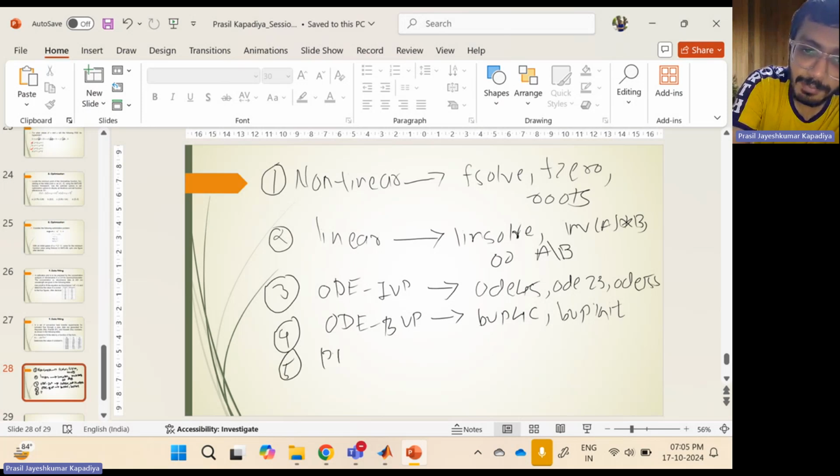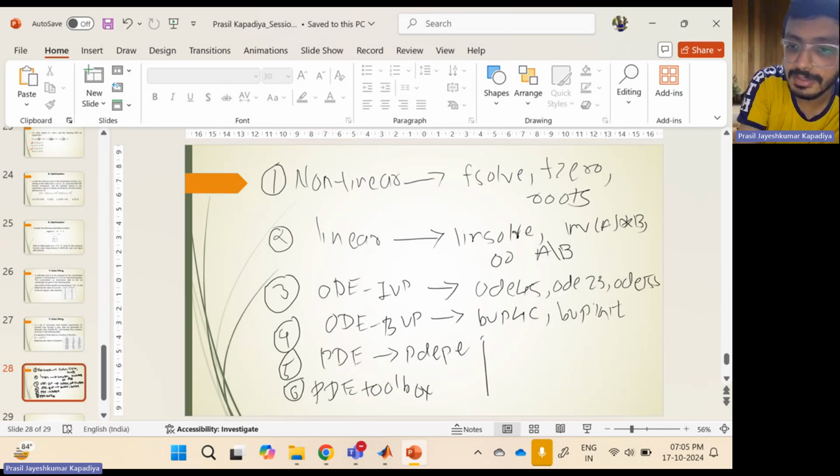Then we solved partial differential equation. For that, we used pdepe to solve that. Further, we used PDE Toolbox and we checked one problem. Then for the seventh part, we did optimization, and for optimization, we used fminsearch and fmincon.